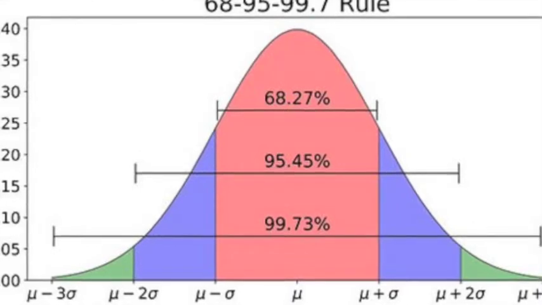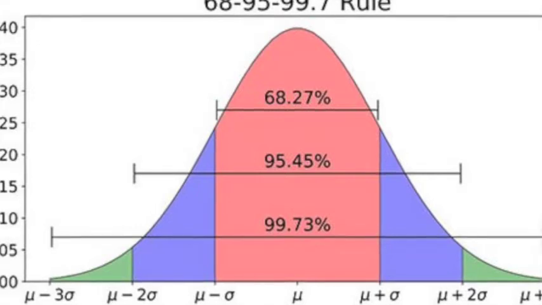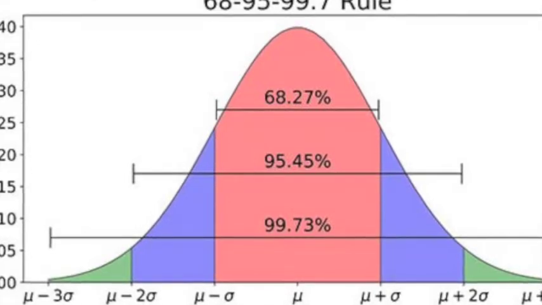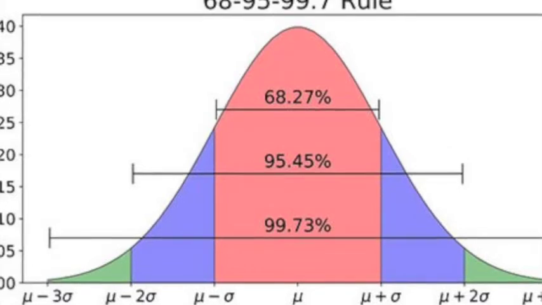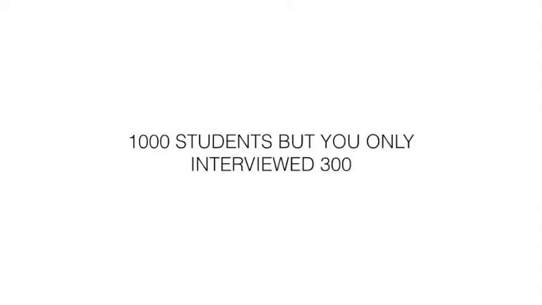So how do you apply this in your research findings? For example, one of your research problems is: what is the average income of graduate students in MSU Jensen? Currently, there are 1,000 students in the graduate school, but you only interviewed 300.